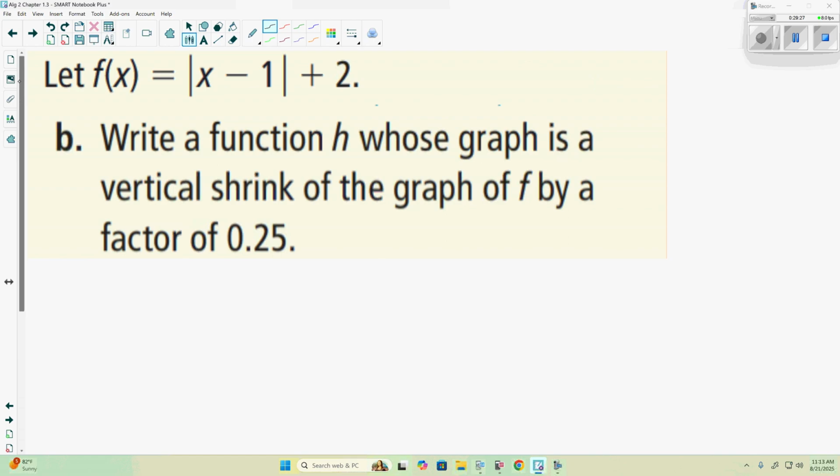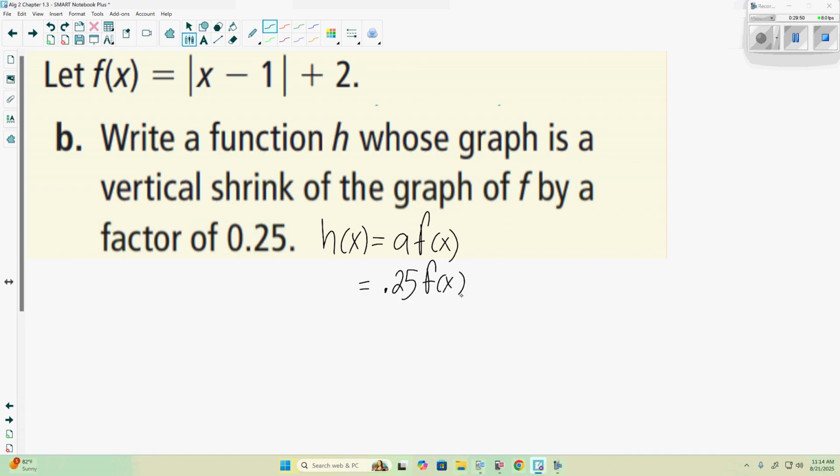Write a function h whose graph is a vertical shrink of the graph of f by a factor of 0.25. So this is our a times f of x. Now vertical shrink, we don't have to do anything to it. It's just 0.25 times f of x.